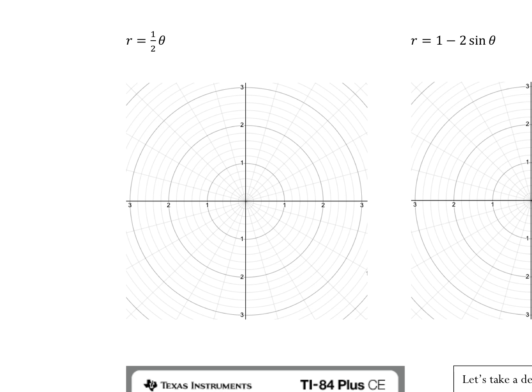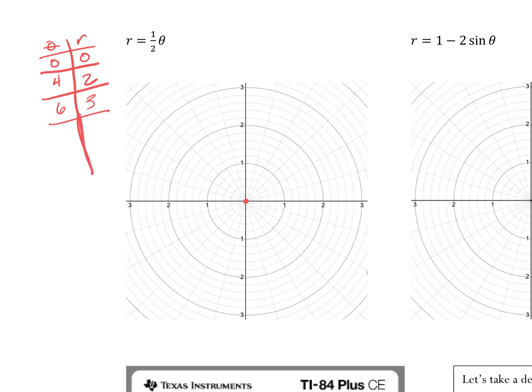Hey, you guys, let's start thinking through a table with theta and r. If theta is equal to 0, according to my equation, what's going to happen here? 0. Cool, that one's an easy one. What if theta is equal to 4? 2. What if theta is equal to 6? 3.